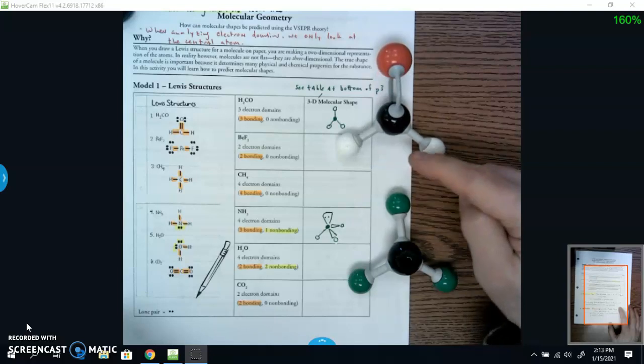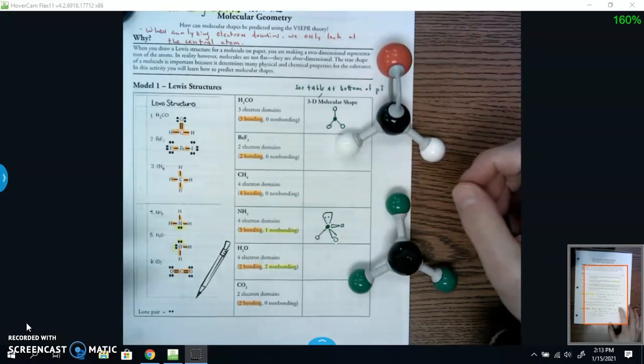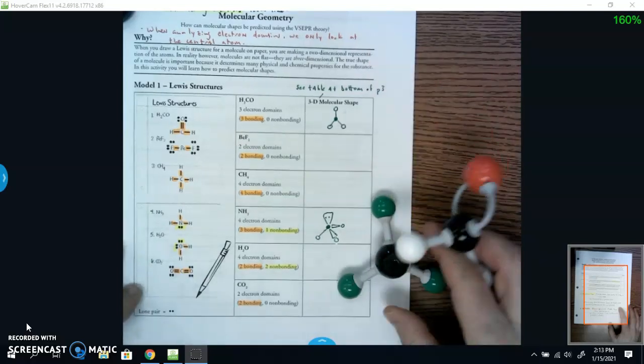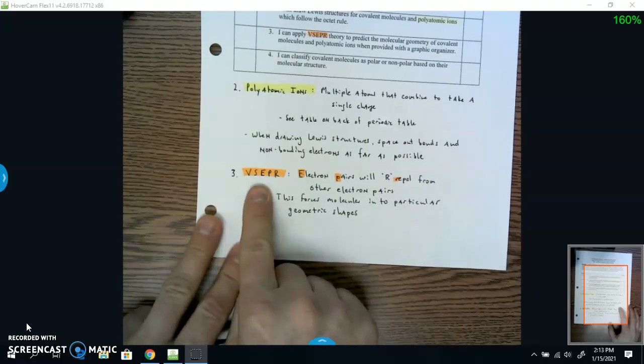Distance is maximized between bonding domains here when it's in a flat two-dimensional structure, which is called trigonal planar, with a 120-degree bond angle. So I want to go back to the notes that I presented at the very beginning because those notes really tell the story. Remember, the notes are about VSEPR. This is a theory that's used to predict why atoms take particular geometric shapes.